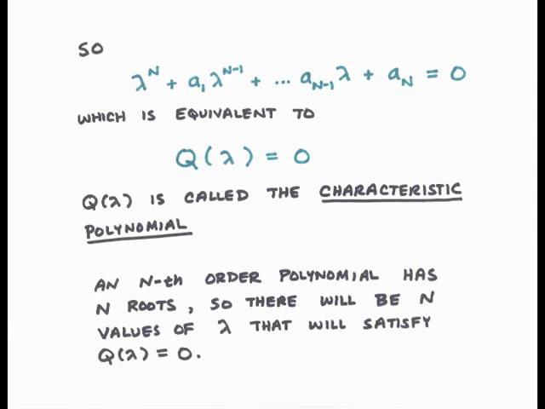Now q of lambda is an nth order polynomial, since the original differential equation had n time derivatives of y0. An nth order polynomial has n roots, so there are going to be n values of lambda that will satisfy q of lambda equal to 0.